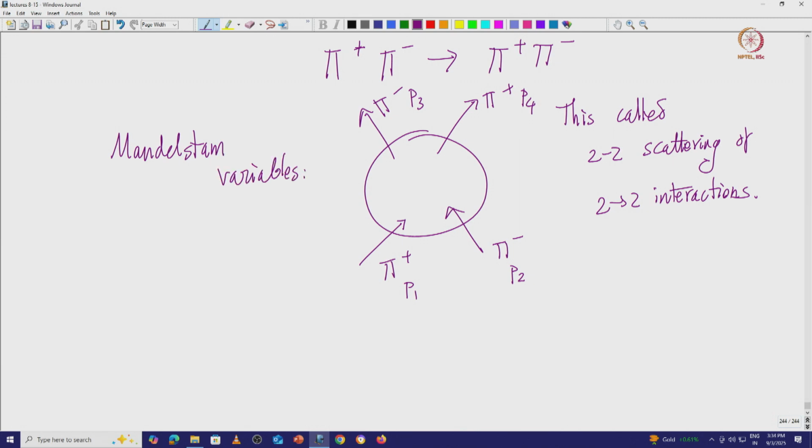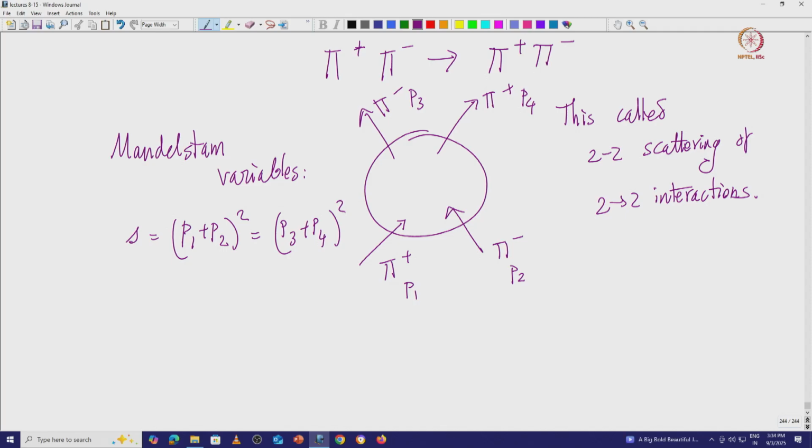Because this is a quantum mechanical process, you have to see all possible ways the momentum can be exchanged. Say for example, in the first case S, the incoming momenta can both be summed over, and that should be equivalent to (P3 plus P4) whole square.